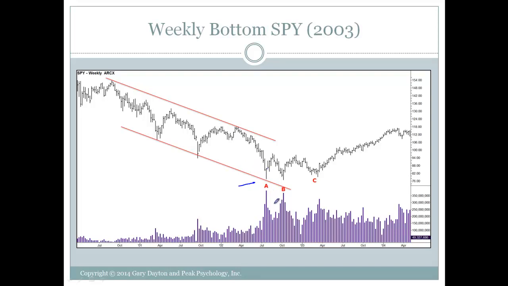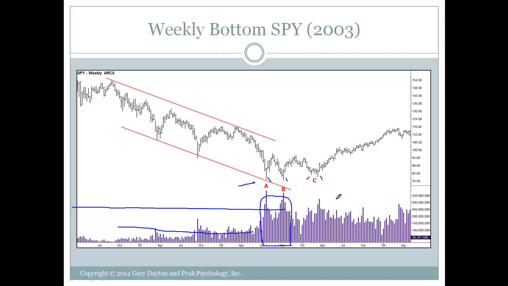We see the swelling of volume in here. Once again, look at this area. Just take an average in here, and it dwarfs whatever existed before. We see also the strength coming in the price bars here.